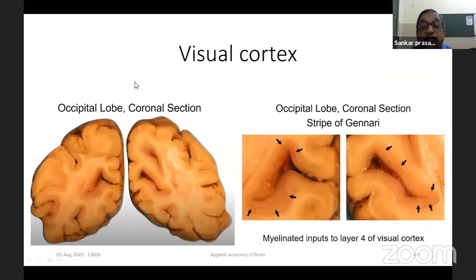cortex. So the visual cortex, the occipital lobe, this is the coronal section, and if you enlarge this area and see, there's a stripe of Gennari. A lot of afferent input comes to the occipital cortex, and a lot of visual information is sent to the occipital lobe for processing, with myelinated inputs to layer 4 of the visual cortex, and this stripe of Gennari, that's why it's called striate cortex, is visible as a white line.